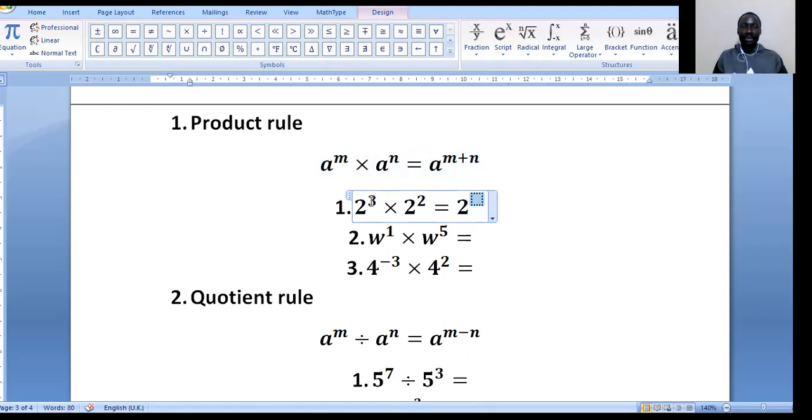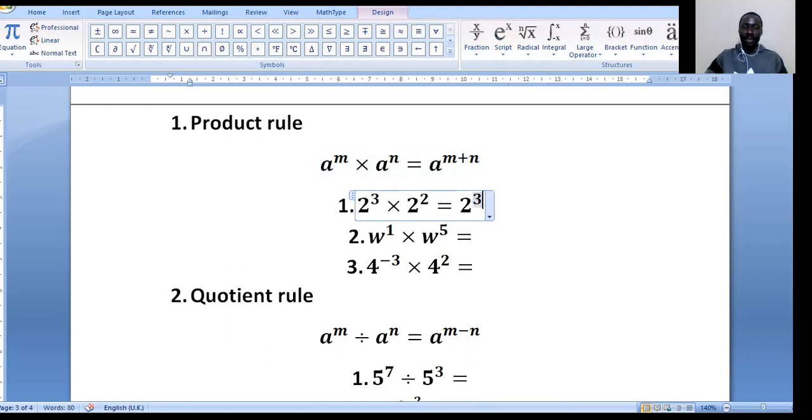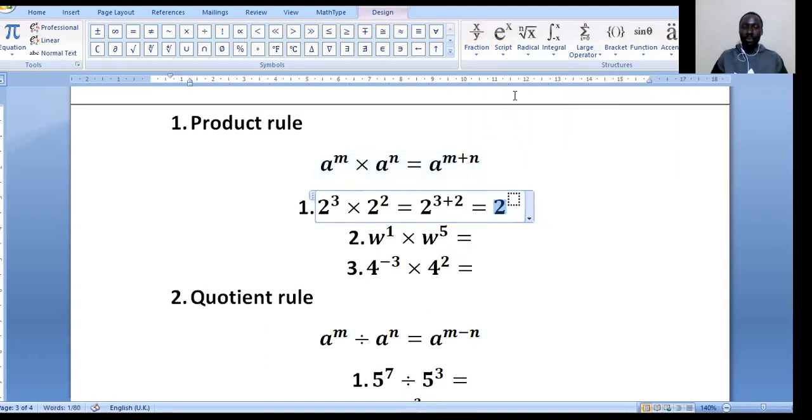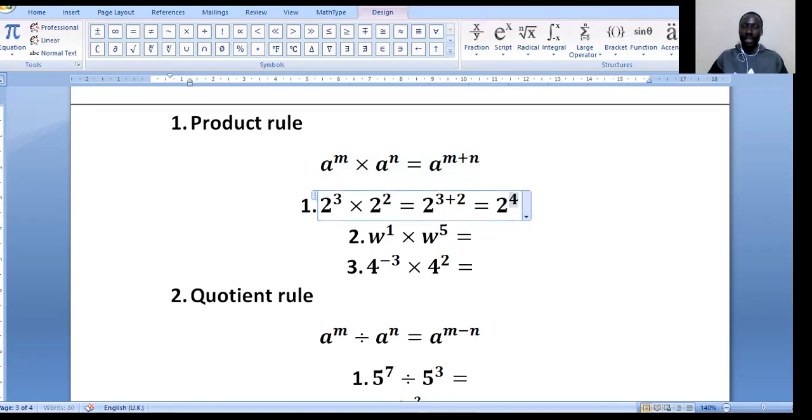You add this 3 to this 2, so that you have 3 plus 2. This gives us 2 with exponent of 5, and that becomes the solution.